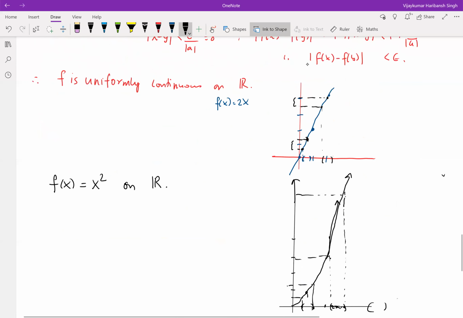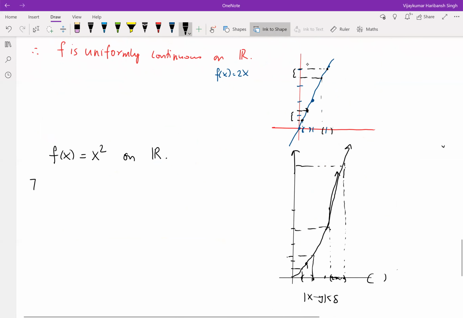So this means there exists epsilon greater than 0, epsilon, not delta, such that for every delta greater than 0, we have x minus y less than delta, but f of x minus f of y is greater than or equal to epsilon instead of being less than epsilon.